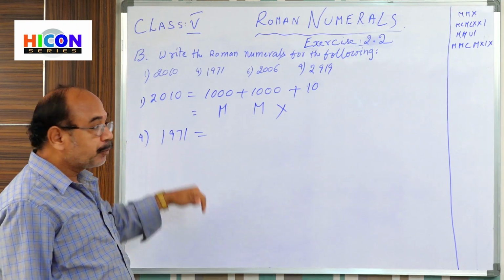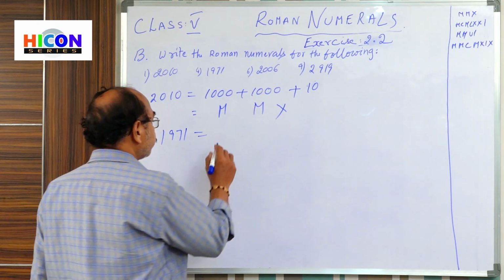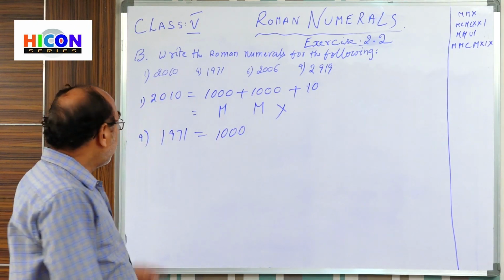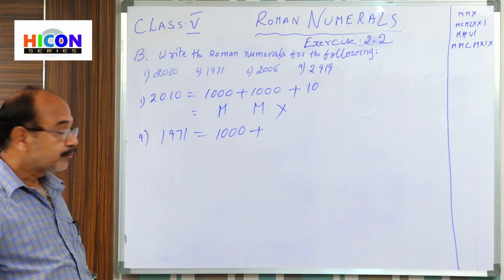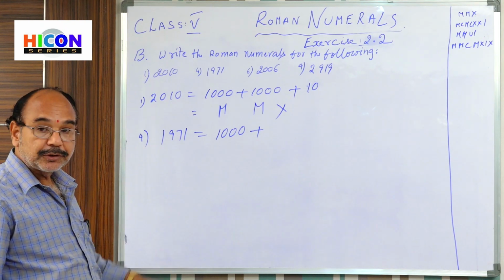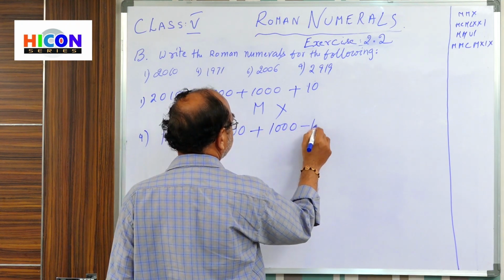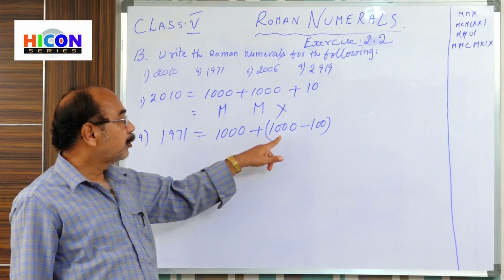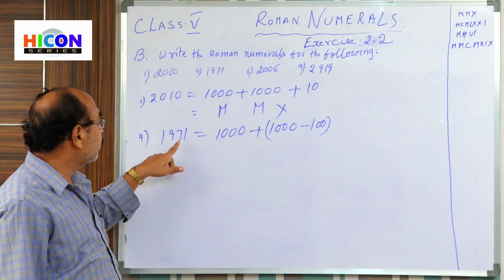So here, write the expanded form: 1000, and 900 is there. 900 means just 100 less than 1000. That means 1000 minus 100 means 900.